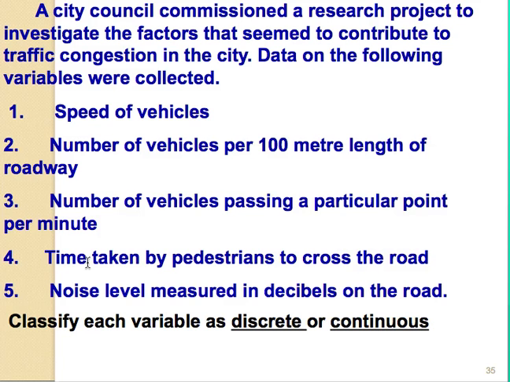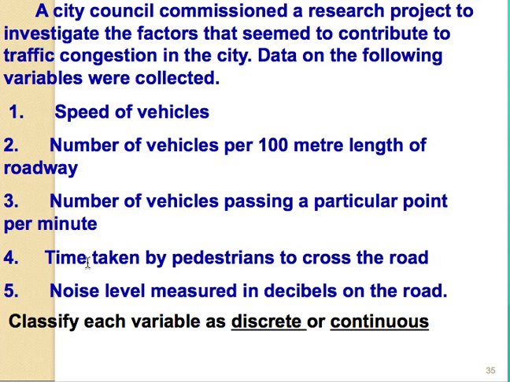Discrete and continuous. A city council commissioned a research project to investigate the factors that seem to contribute to traffic congestion in the city. Data on the following variables were collected. So you have 5 variables there.